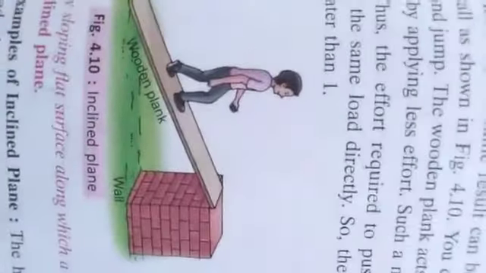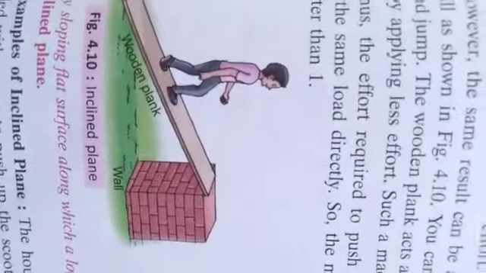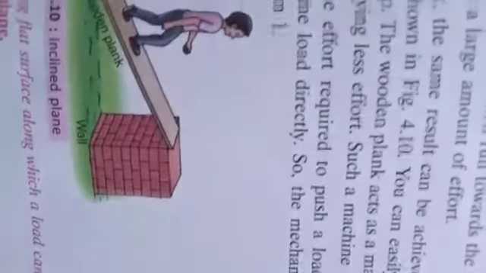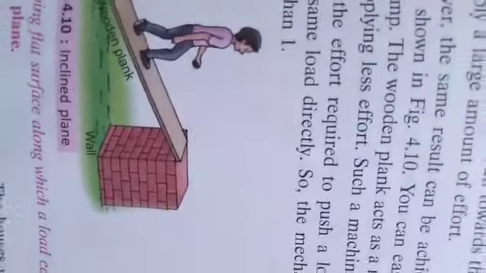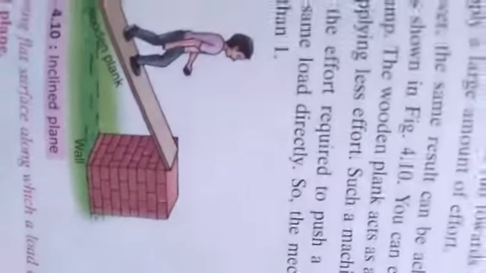So now, the inclined plane. If we consider this figure, if you try to climb over a small wall, then before jumping you need to move a short distance backward, and then you need to run towards the wall before the actual jump, right? So you need to apply a large amount of effort here.